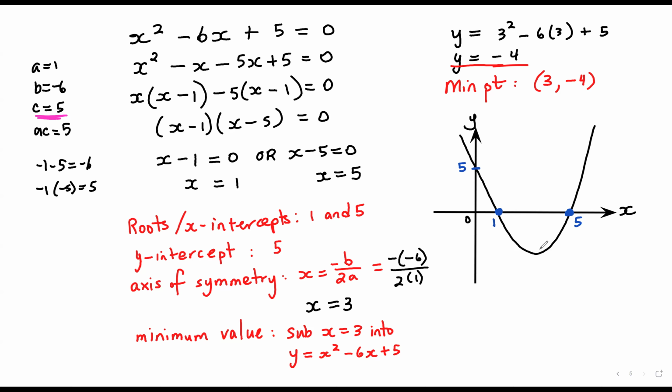And then your minimum point, which is the lowest point on the graph, right? The coordinates of this point will be 3, -4. So on the y-axis here will be -4, and then here is 3. So your axis of symmetry will pass through that line.